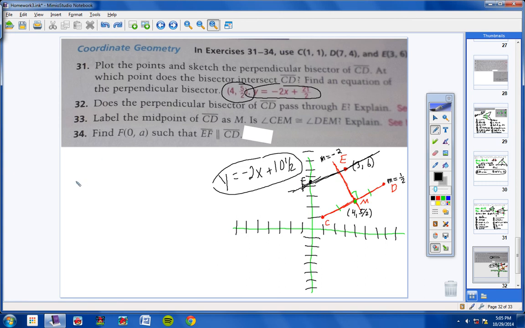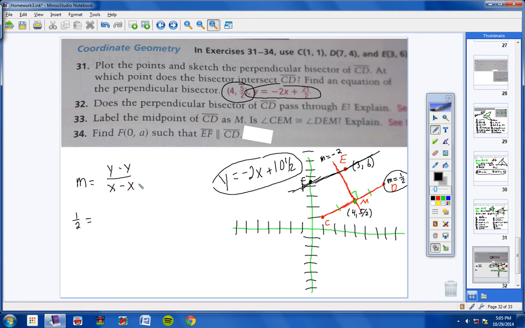What does slope equal? Slope equals y minus y over x minus x, correct? Now, if I want this line here to be parallel to this line here, what was the slope of this line here? 1/2. So what's the slope of this line here? 1/2. So where M is, I'm going to put 1/2.